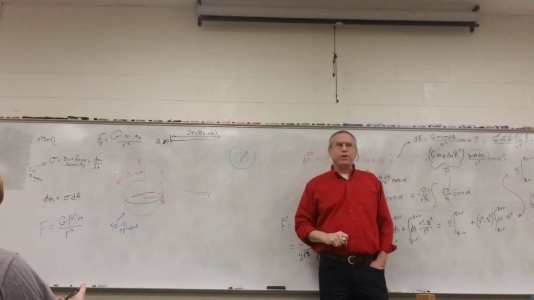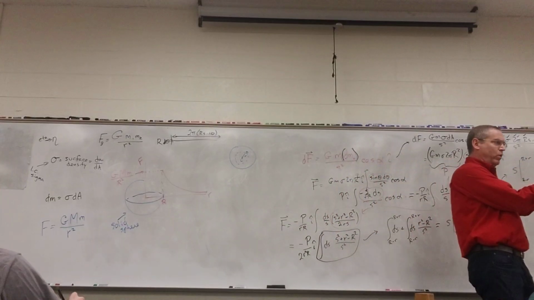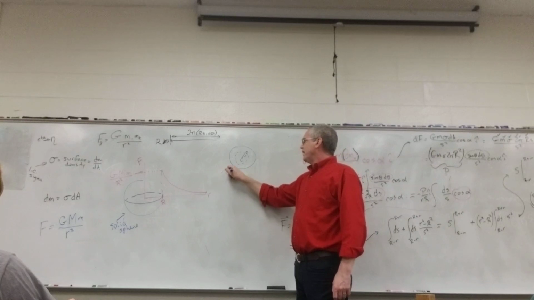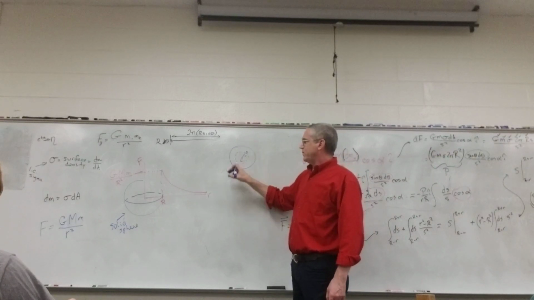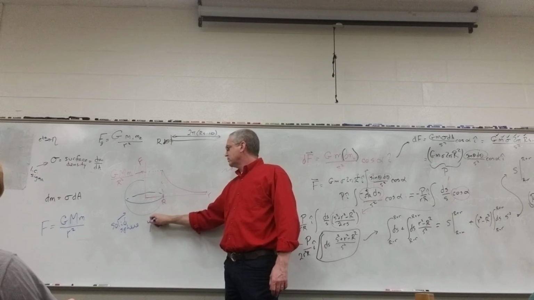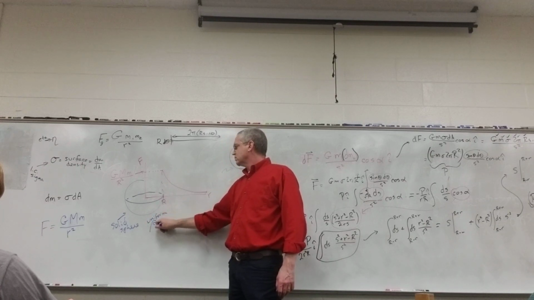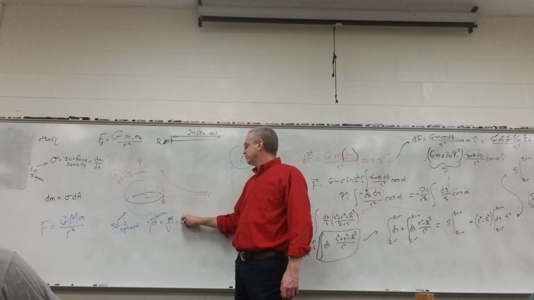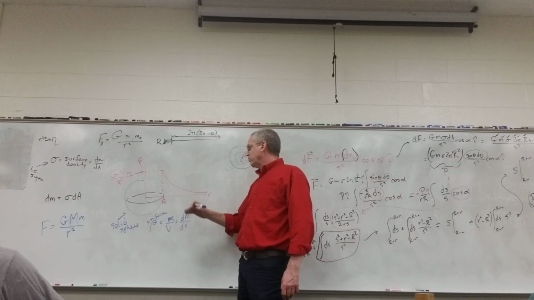And so now I can treat anything within that radius as a point mass at the center. So if I assume that this sphere is a uniform density rho, which is mass over volume, or dm over dV, however you want to write it out.